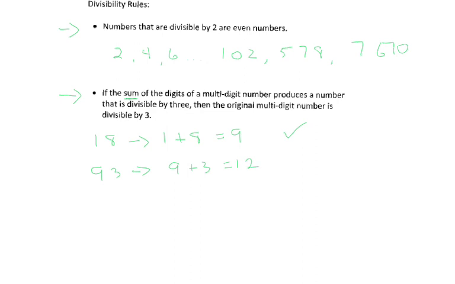Well, we know that 3 goes evenly into 12, but even if we're not aware of that, we can do it again. We can go 1 plus 2 equals 3. Well, 3 for sure goes into 3, so 93 is also divisible by 3.